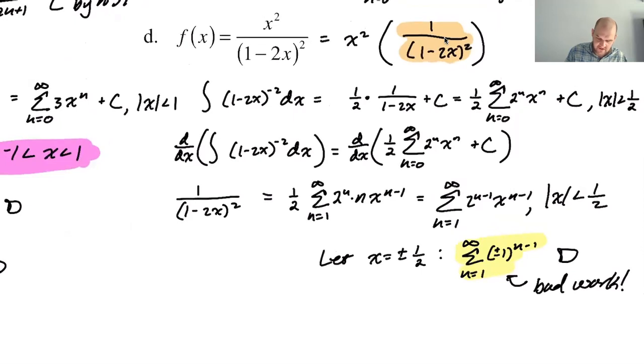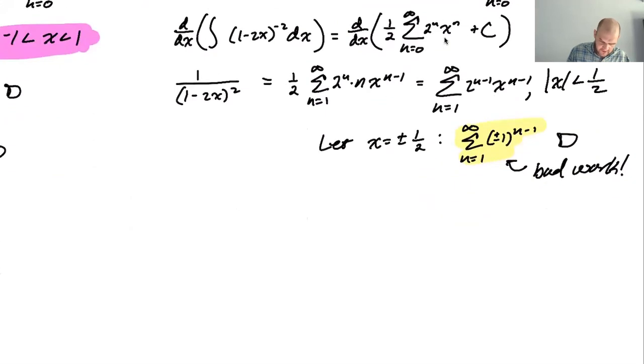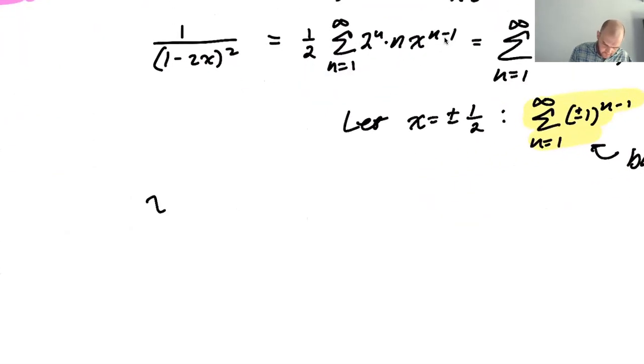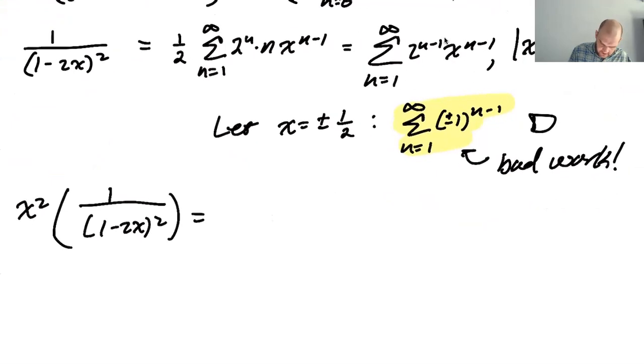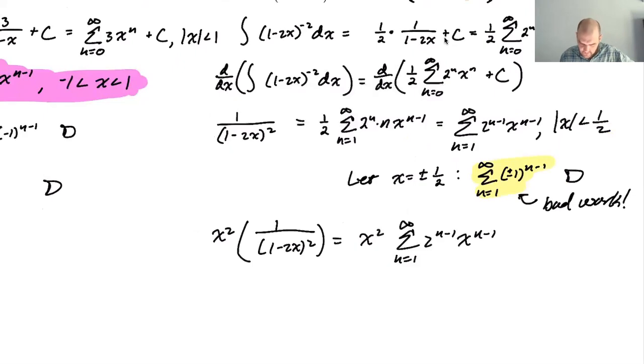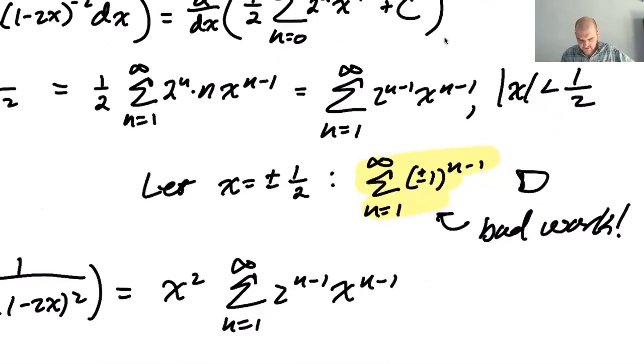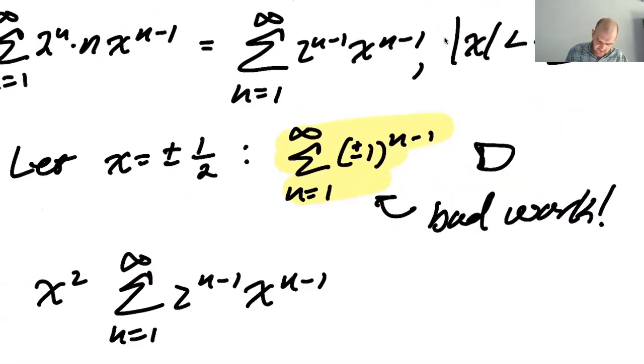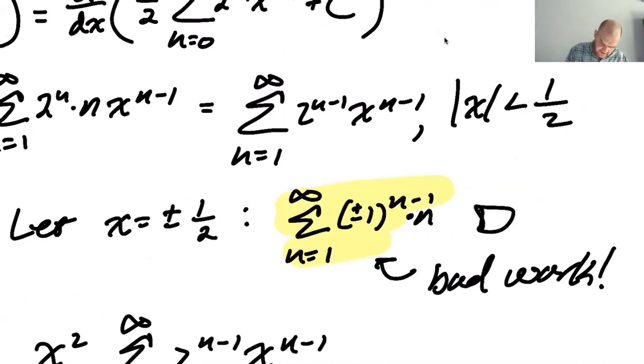All right, so now we have that series, and now don't forget this. Got to multiply by x squared. So x squared times 1 over the quantity 1 minus 2x squared is going to be x squared times this summation, 2 to the n-1, x to the n-1. Where'd my n go? Oh, I just forgot it. So that doesn't really change anything. There should have been an n here.